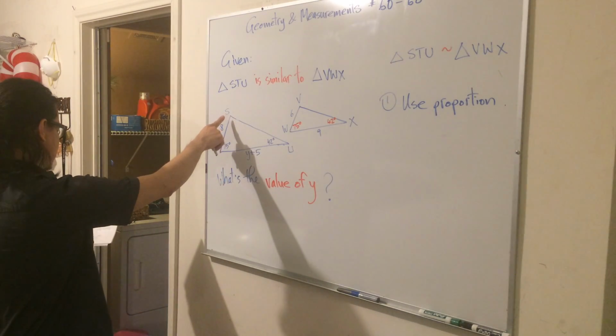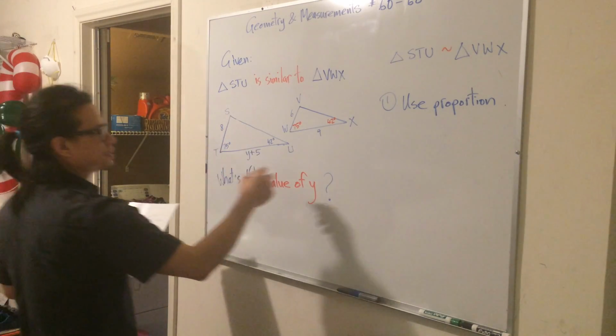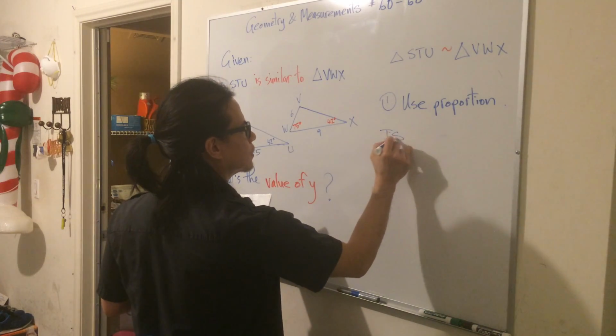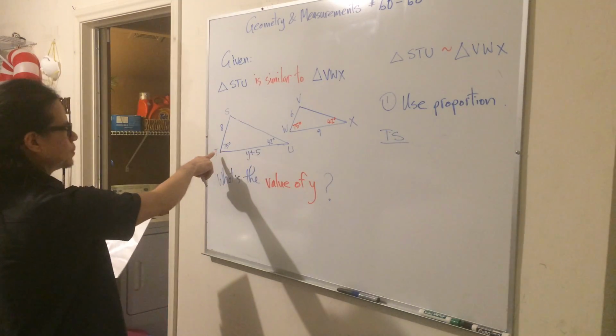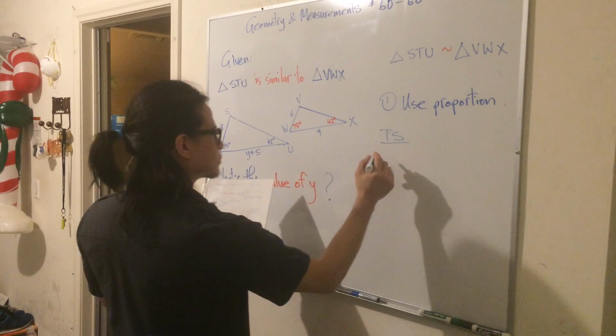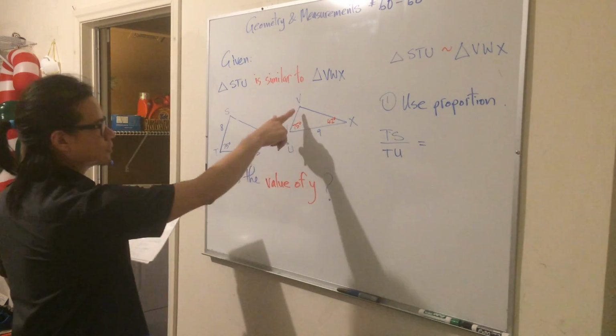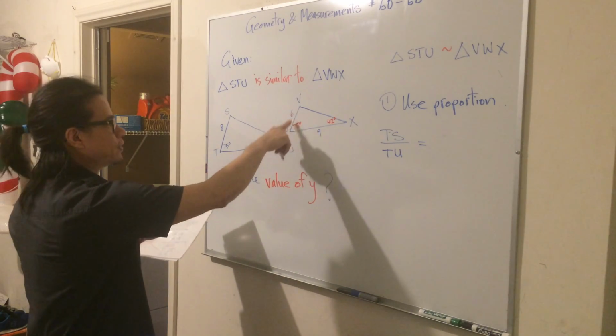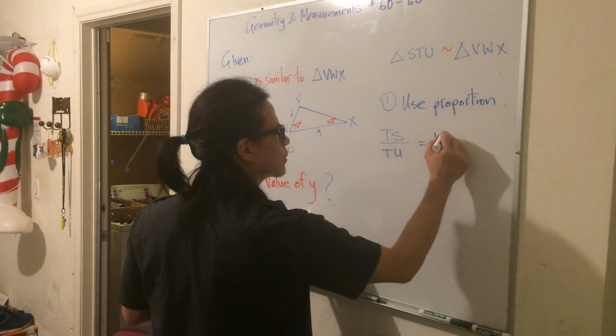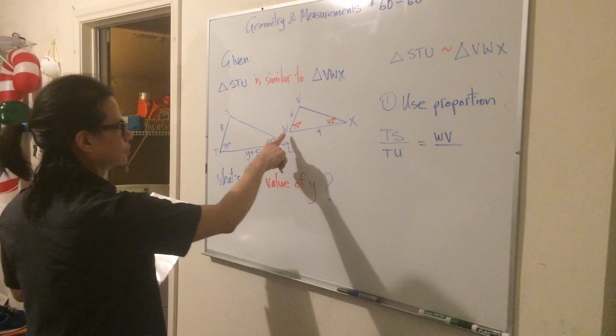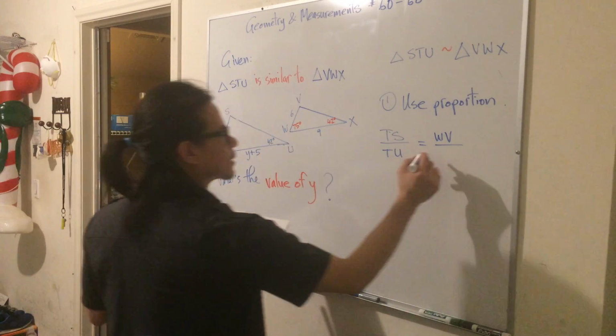Let's say side TS, we'll compare that to TU, and then we'll relate it to side WV and side WX.